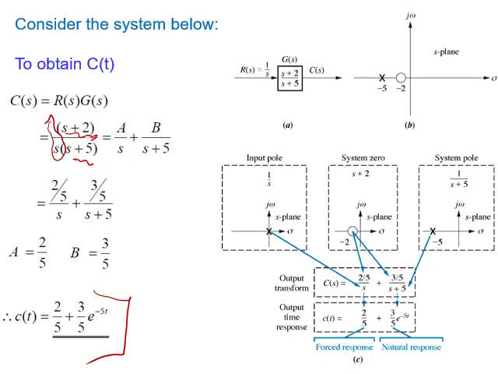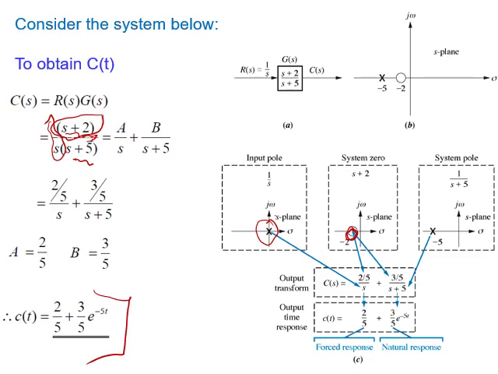If I show them on the s-plane, you will find the input, which comes as an s in the denominator, at the origin of the s-plane, and the zero at minus 2 on the s-plane. Usually we put it in the form of a circle. So a circle means a zero.